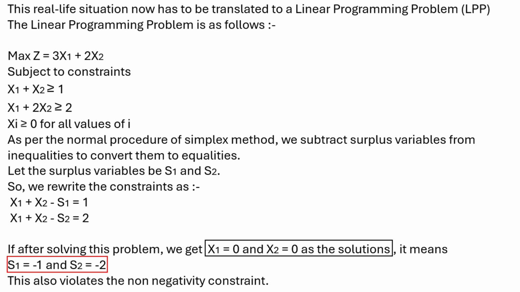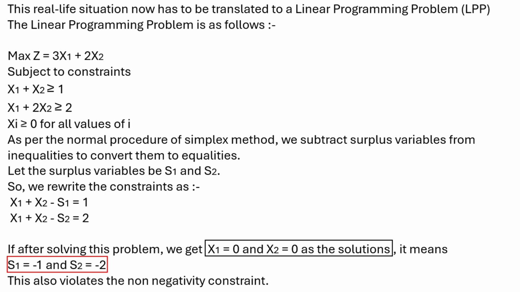Now there is this concept of initialization which is to be followed while solving linear programming problems, to know what can be the maximum possible value of these newly introduced surplus variables or slack variables. For that we consider the non-basic variables, that is x1 and x2, as 0.